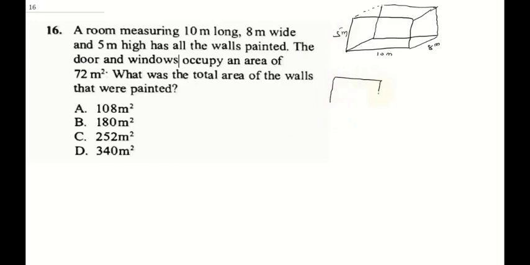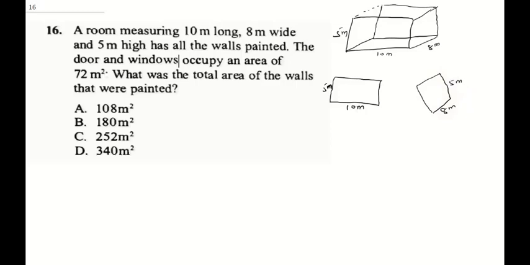This is the longer part, which is 5 meters. This is 5, and this is 10 meters. Now, we are going to bring out the one that contains the width and the height. Okay, so this is 8 meters, and the height is still what? 5 meters.